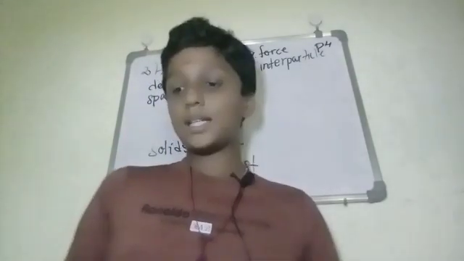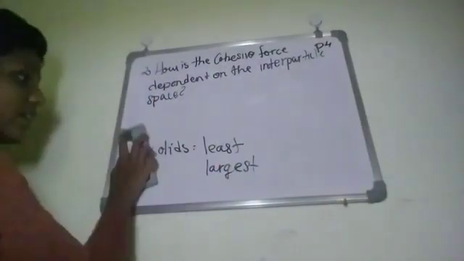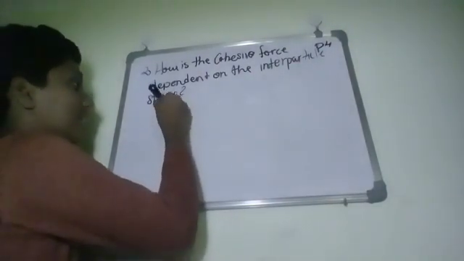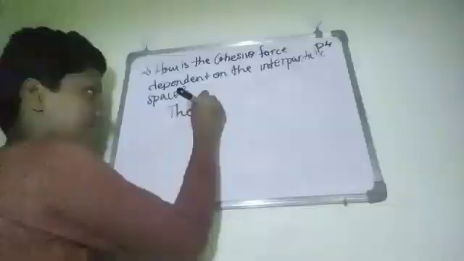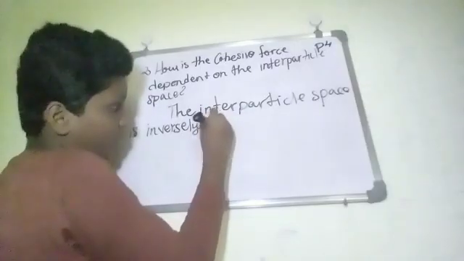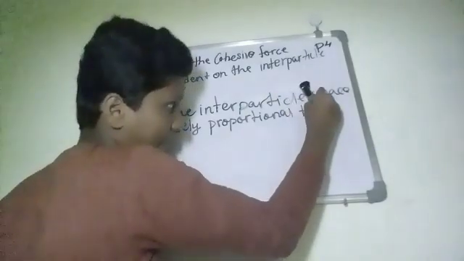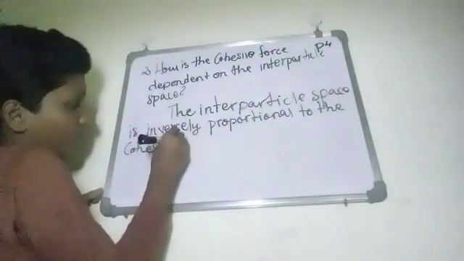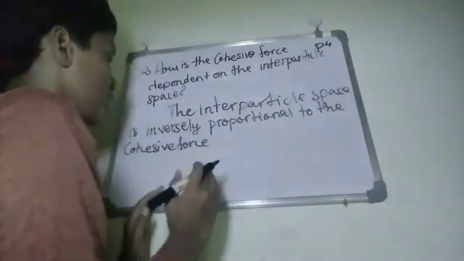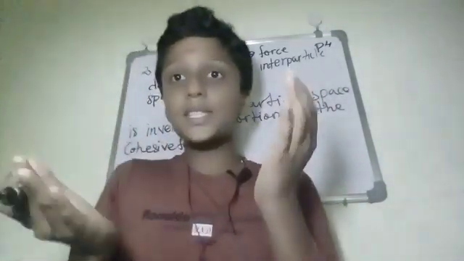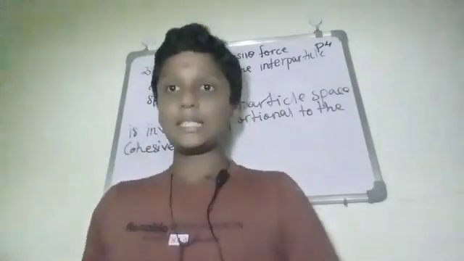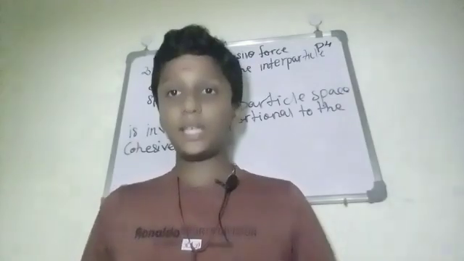So how do we answer this question? First of all, we need to write that the interparticle space is inversely proportional to the cohesive force, which means opposite. Usually when something increases, the other quantity also increases.